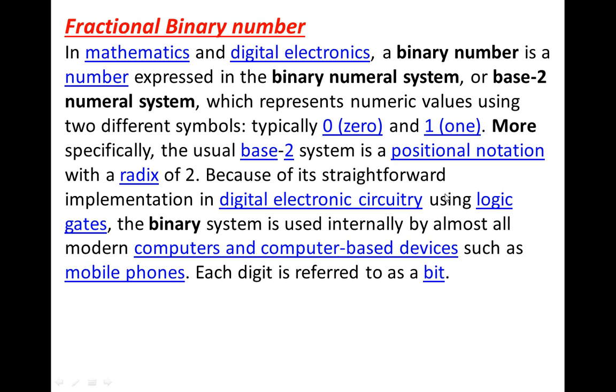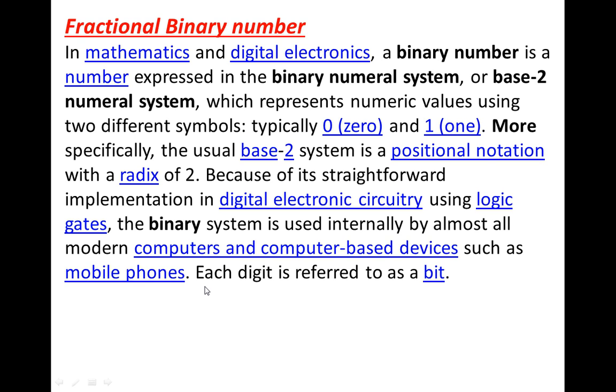As I told you, there is a number system known as binary that has a base 2 number system. Because of its straightforward implementation in digital electronic circuitry using logic gates, the binary system is used internally by almost all modern computers and computer-based devices such as mobile phones.